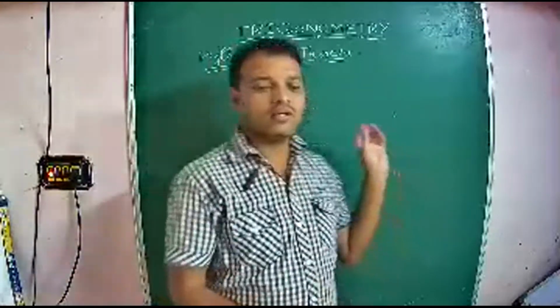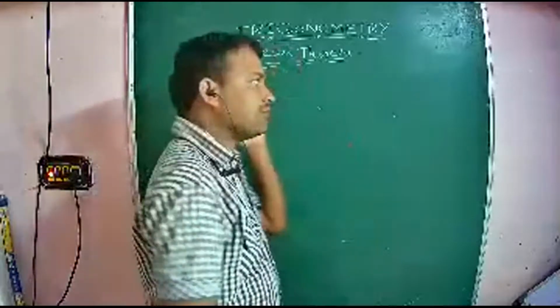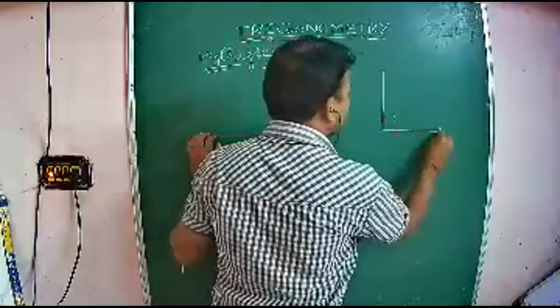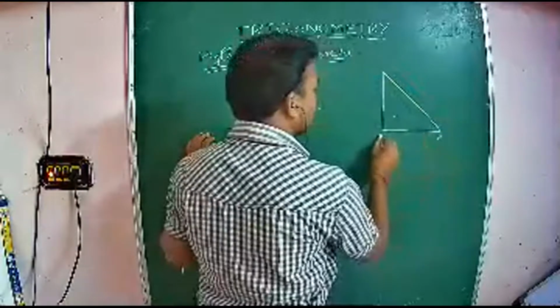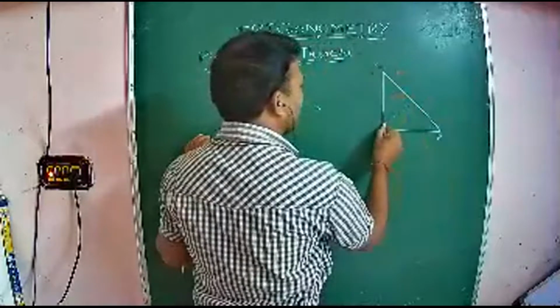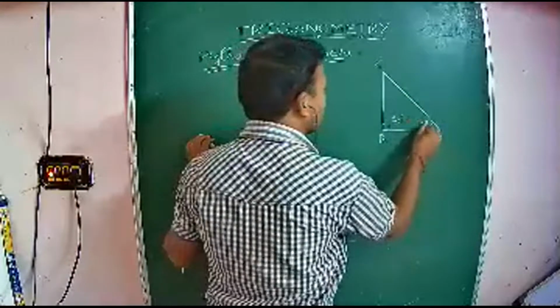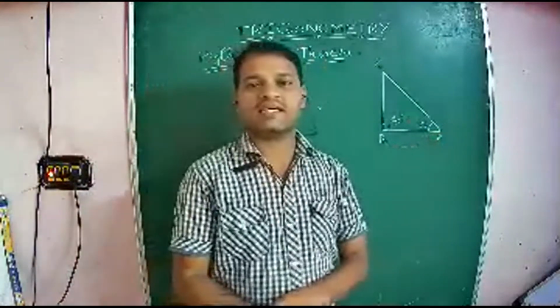So now I'm simply using that formula directly. First of all we have to consider a right angle triangle. Suppose this is right angle triangle ABC, with angle B at 90 degrees. Some acute angle I'm taking as theta at vertex A. So that is the acute angle.